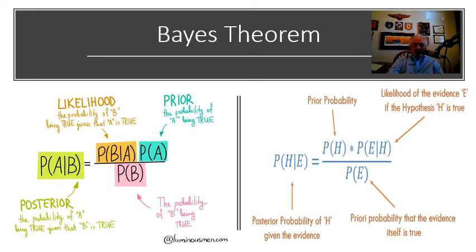Now, one of the things that sometimes seems to be a bit confusing is that you notice here that we have A, and you notice here that we have H. Okay.